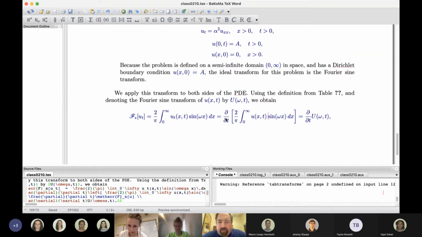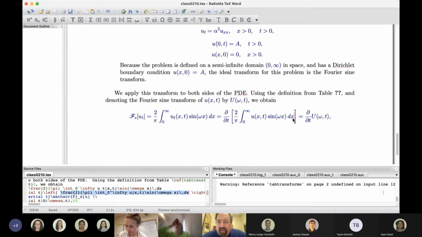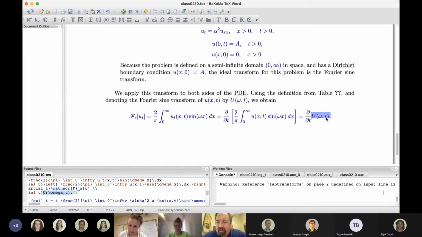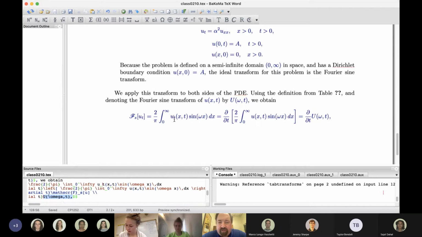Okay. Now, the reason why this is convenient is because what's in the square brackets is exactly the Fourier sine transform of u. So what I end up with is the partial derivative with respect to t of the Fourier sine transform of little u. So watch what happens here. Little u of x, t, I take a Fourier sine transform, the t dependence remains.